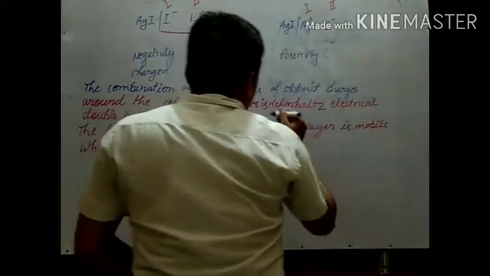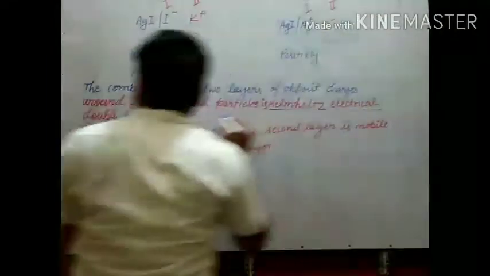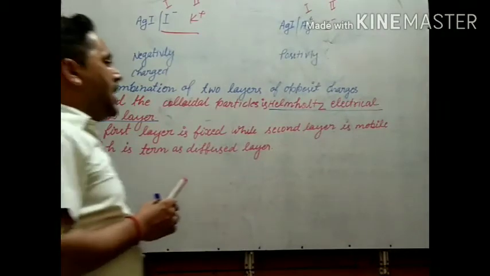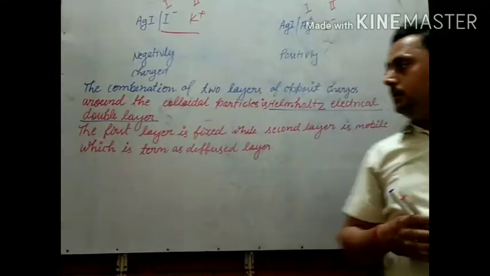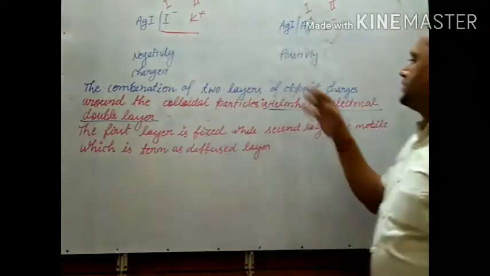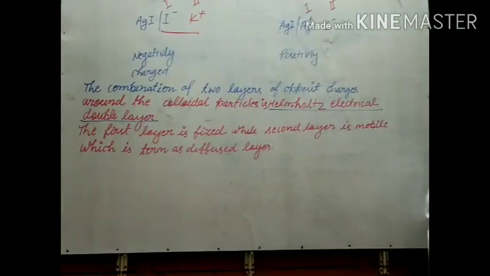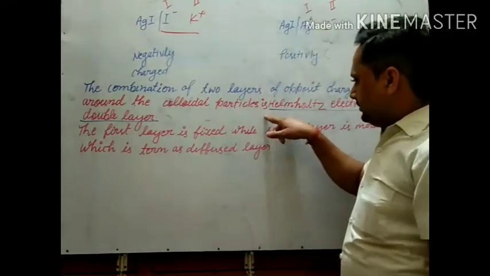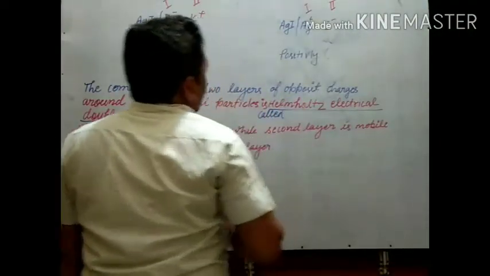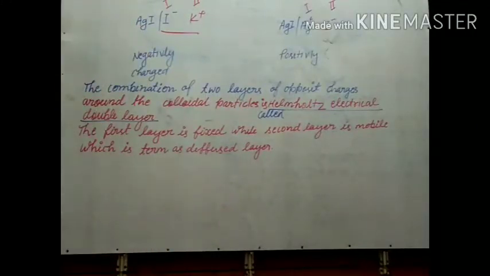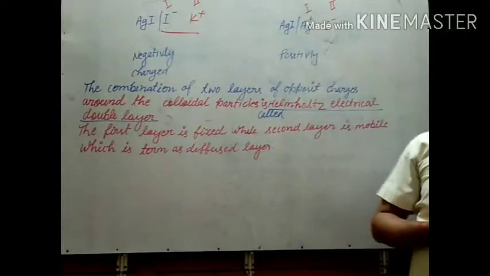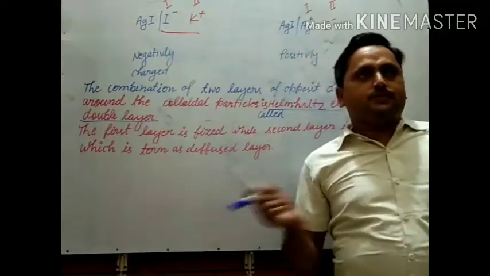Do you know this? Helmholtz's electrical double layer. Sometimes it is asked, how do you define Helmholtz's electrical double layer? You can define it as the combination of two layers of opposite charges around the colloidal particles, in which the first layer is fixed and the second layer is diffused.